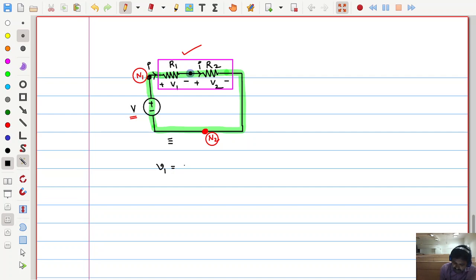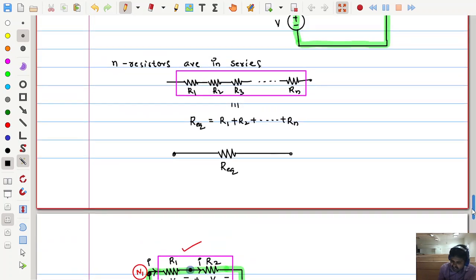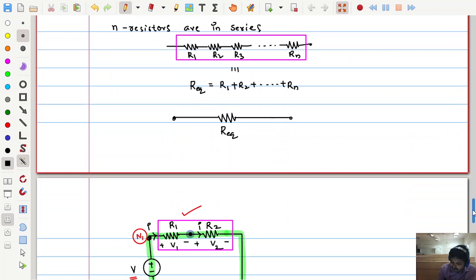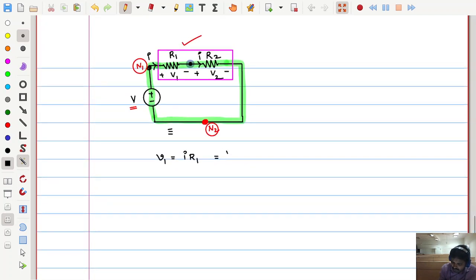Can I write V1 is equal to I into R1? We already saw the I expression previously. Can I write I as V by R equivalent? Here I is equal to V by R Eq. How much is R Eq? R1 plus R2. So V1 is V by R Eq into R1.